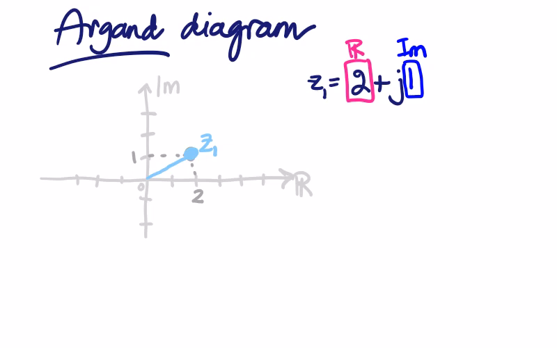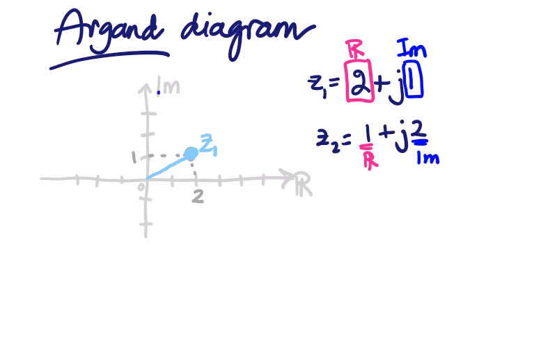So let's do another one. Z2 we'll call 1 plus j2. Same as before, we'll do it in the same plane here. So the real part of our number this time is 1, and the imaginary part is 2.